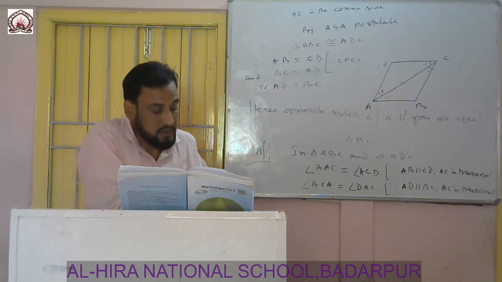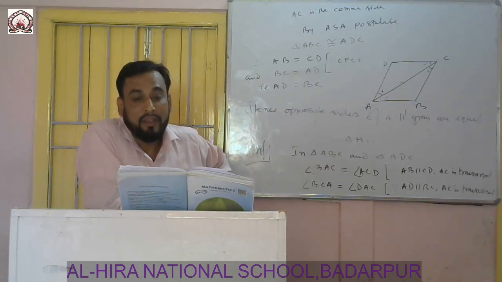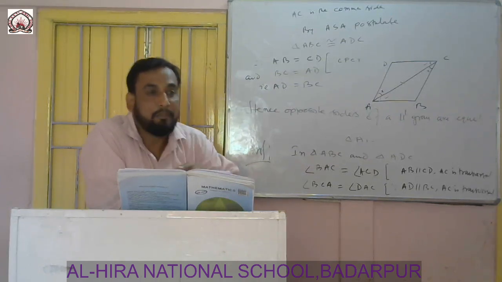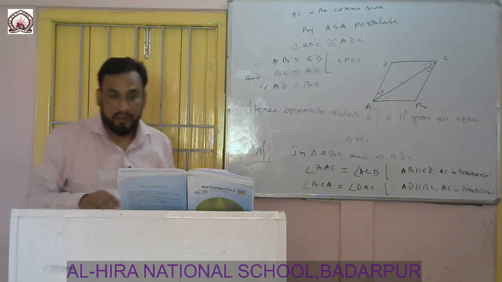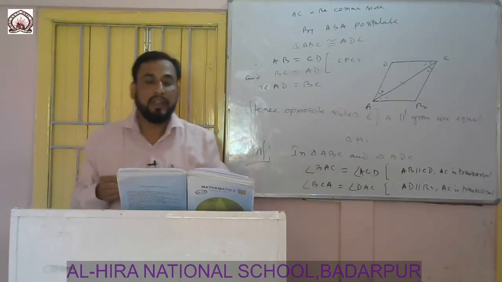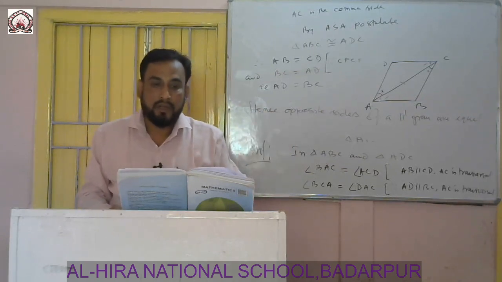So let us now solve this theorem. If each pair of opposite sides of a quadrilateral is equal, then it is a parallelogram. We have to prove this one. Look at the book, page number 163. I am not writing the question on the blackboard because it will be time consuming.